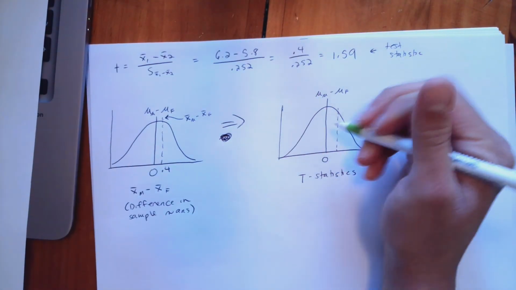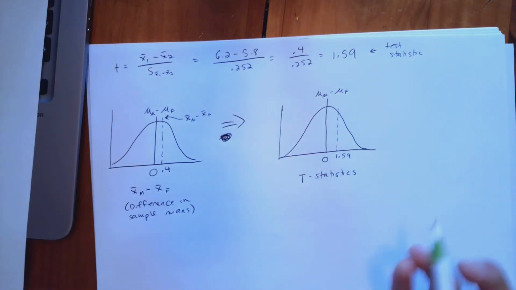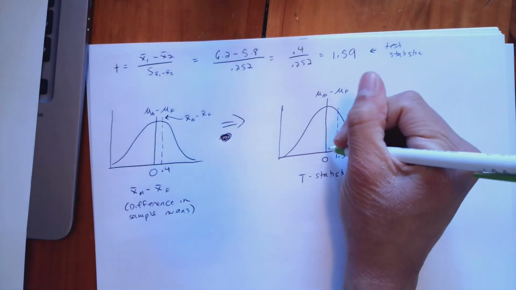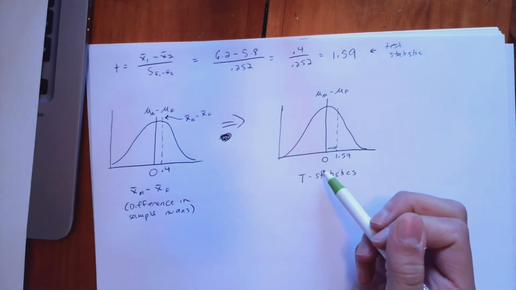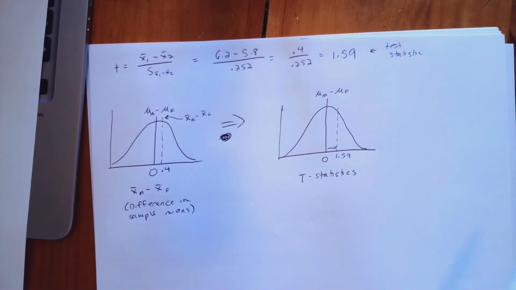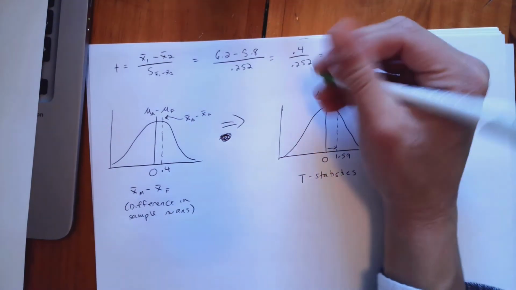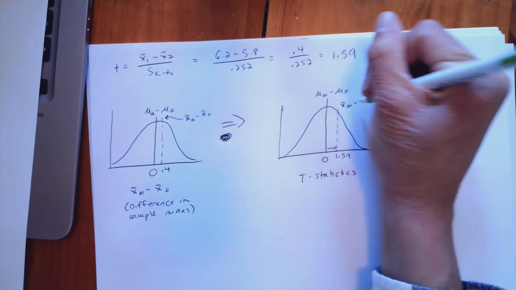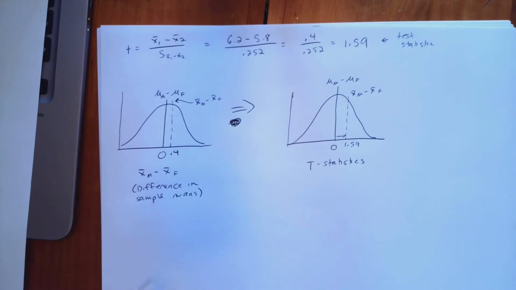And so our test statistic lands at 1.59. So this is saying that we are 1.59 t-scores away from our mean of the distribution of 0. So you can interpret this again in the same way that you would interpret a z-score. It's how far away are you from the mean of the distribution. So we're looking at the same thing here. The only difference is that instead of looking at this raw difference that we have of 0.4, we're converting it to a t-score.